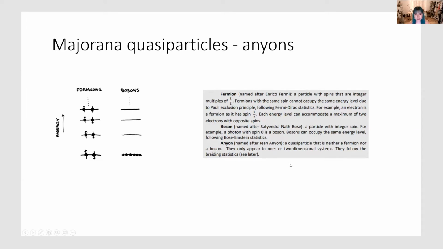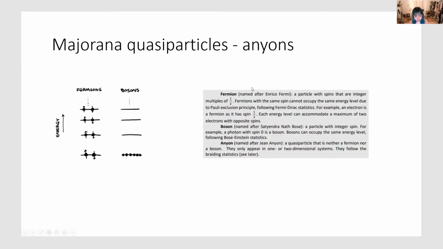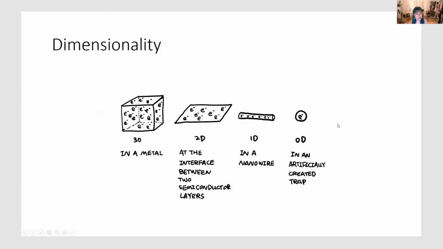Because they follow different statistics, their behavior and their arrangements will be different from the other types. And the dimensionality will also give you different properties for your materials: electrons inside 3D, 2D, 1D, and 0D will behave differently. And when we have a nanowire, we are effectively confining the electrons into 1D, so it will also have a different type of behavior from other dimensions.